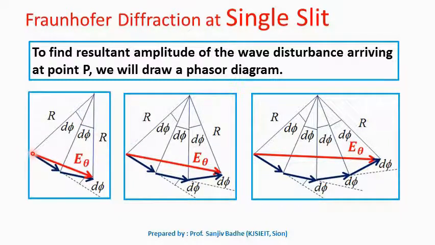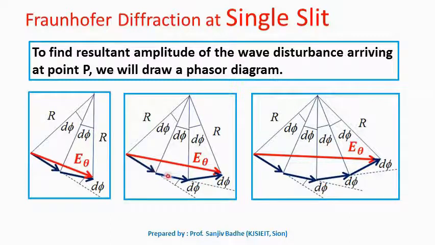If you join the tail of one vector with the head of the other vector, we can get the resultant. So, this E theta is the resultant amplitude due to the vector addition of these two vectors. Here we do not have only two vectors, we have n number of vectors, because we have n number of slits. So, let us add a third vector.